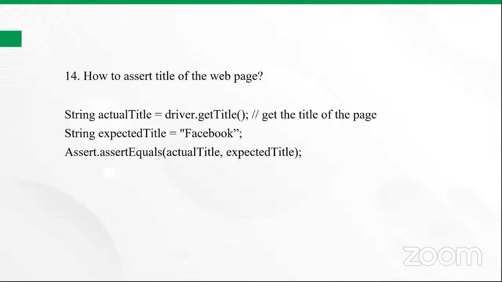Basically there are different types of assertions. Currently it is comparing these two strings, actual title and expected title, so this is a string based assertion. Similarly, we have Boolean based assertions, where we check whether something is true or false. So there are different types of assertions possible. We will be discussing that later.